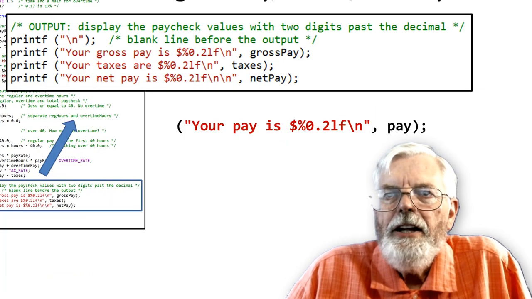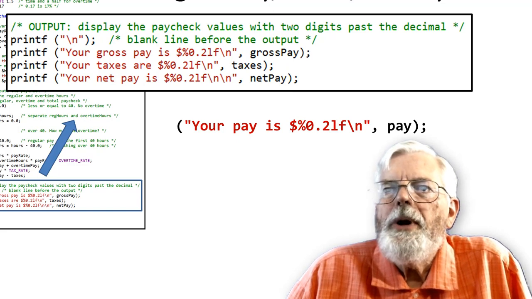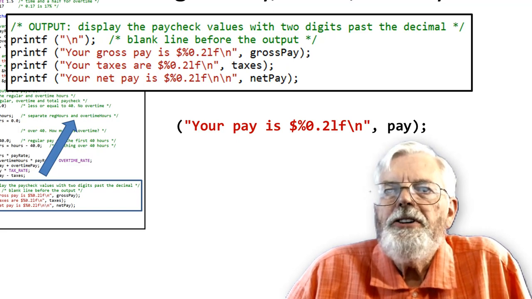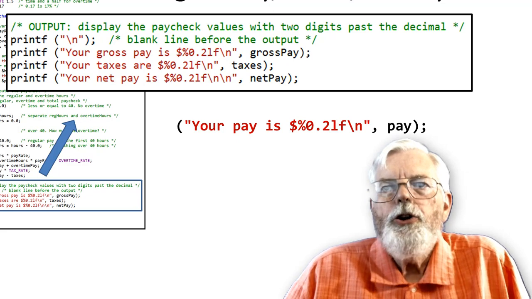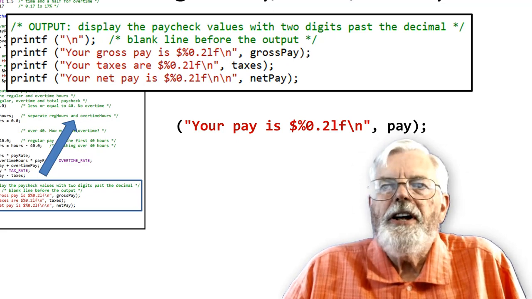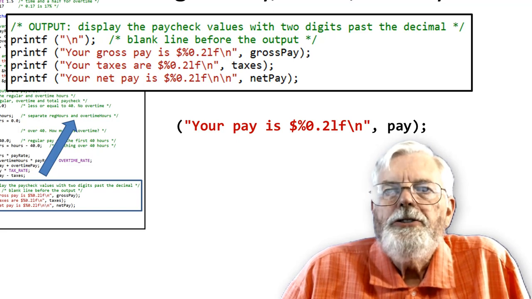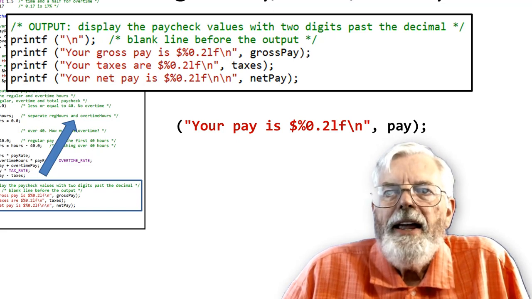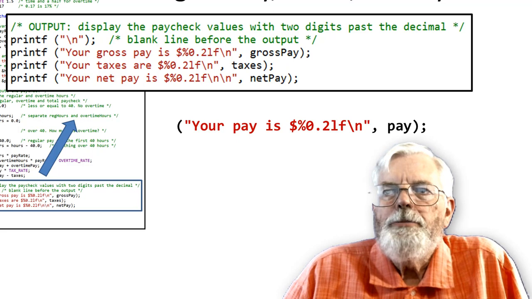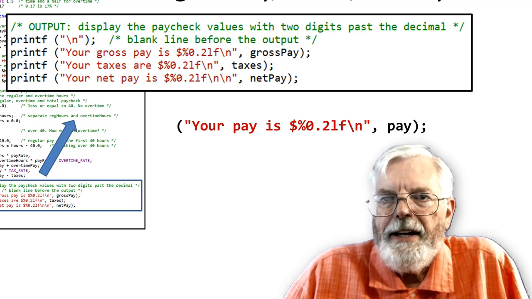When using C, the first part of the format string in printf is just text that will be displayed. "Your pay is $", followed by the format specifier %0.2lf and then \n, which moves the cursor down to the next line.